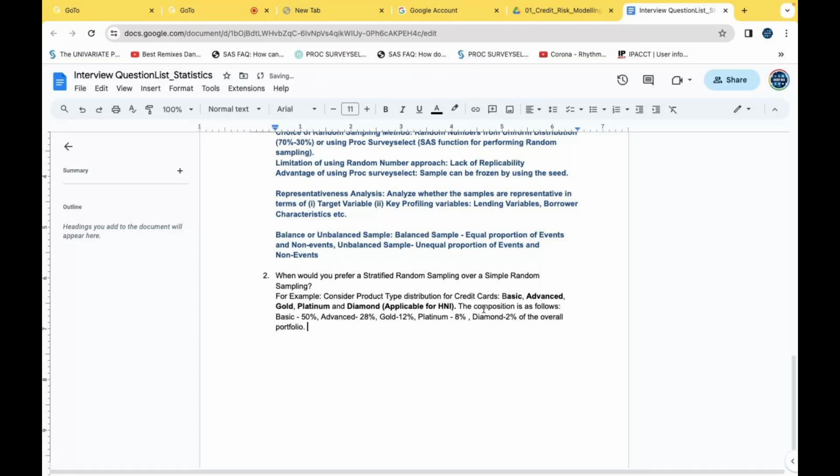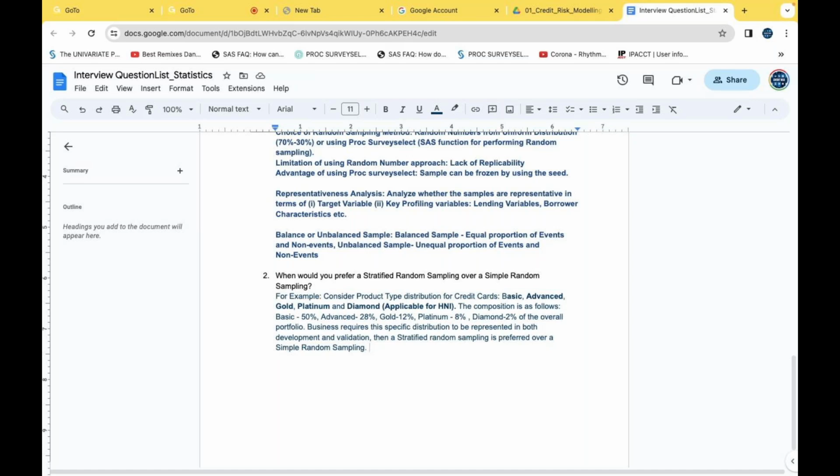Now, if this is the distribution, and the business requires this specific distribution to be represented in both development and validation, then a stratified random sampling is preferred over a simple random sampling.